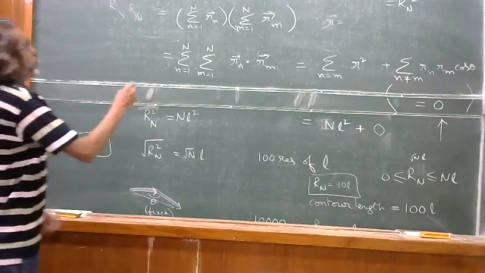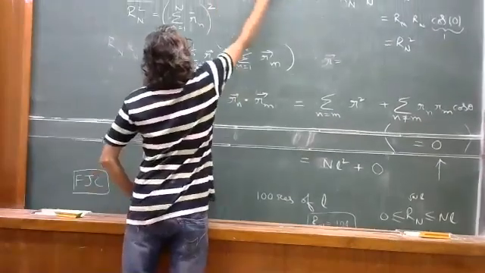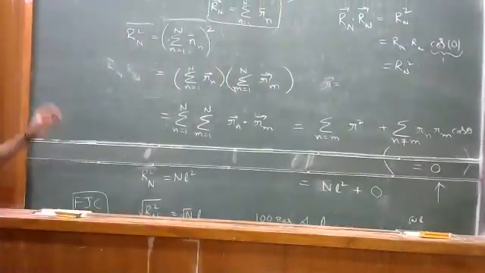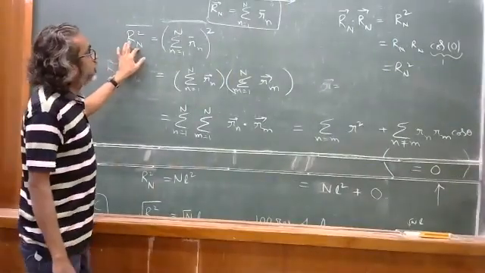Okay, so is this correct? So that's the sum of the vectors, correct? So let's say, how do we write this term using this?